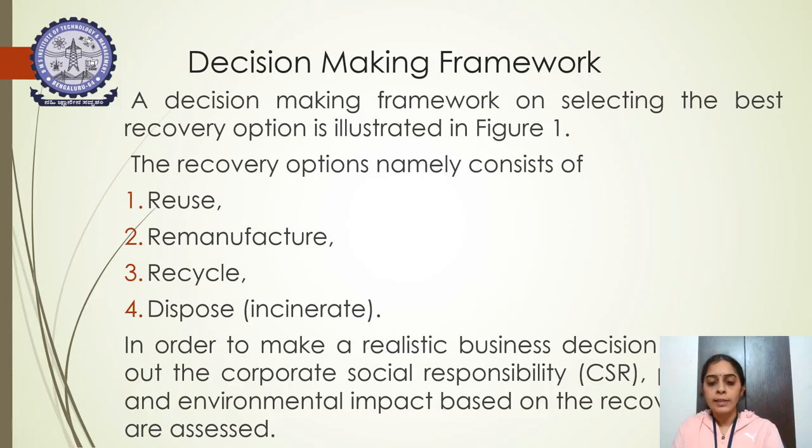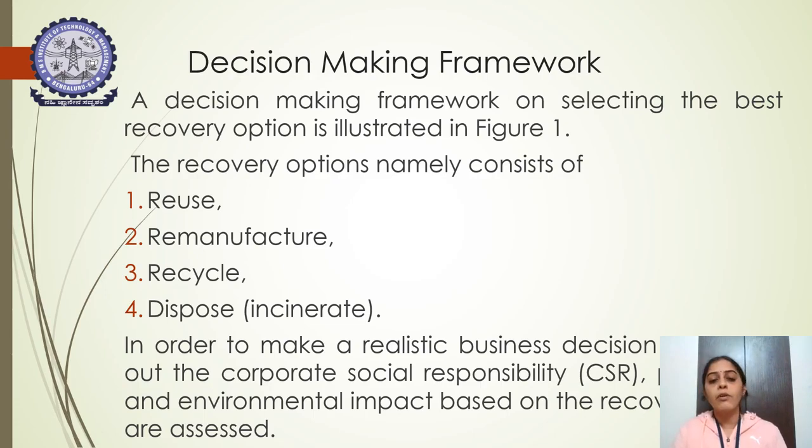Even though at that time the product in the decline stage will get less profit, the company won't be facing any losses because they have already remanufactured a similar product with better modifications in the growth stage. So this is the second option, remanufacture.